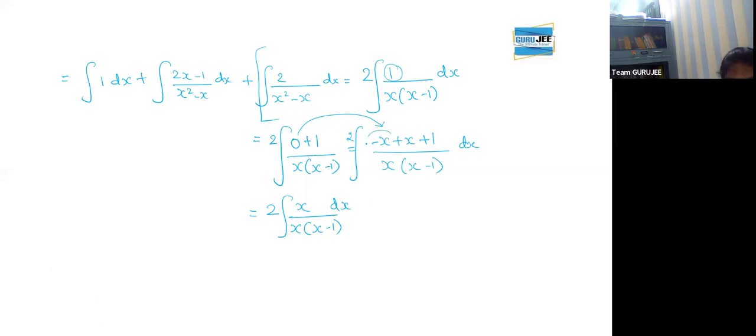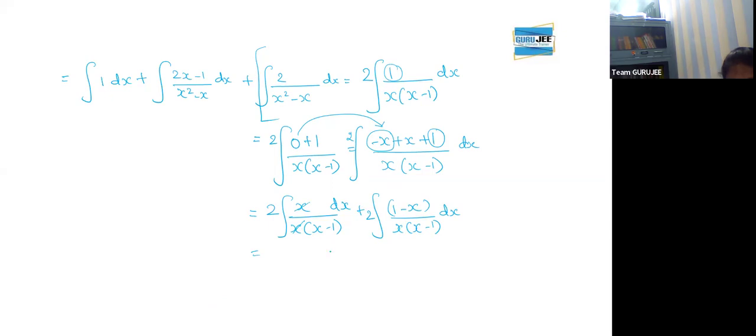This is the only one remaining. So what can we do with it? Plus 2 integral of (1 minus x) divided by x into (x minus 1) dx. Can you understand? Now this x and x can be crossed out.